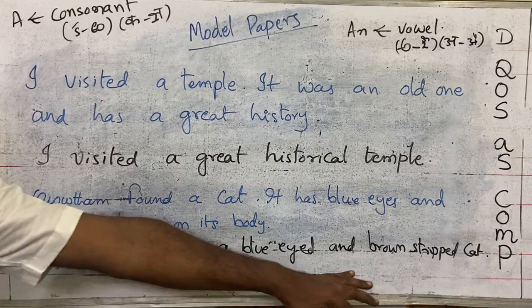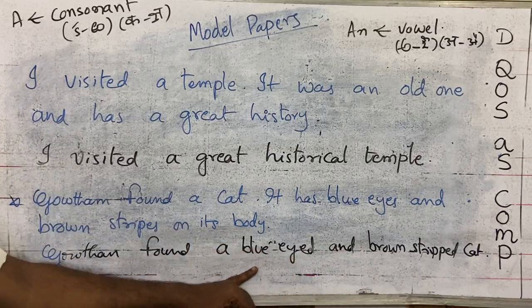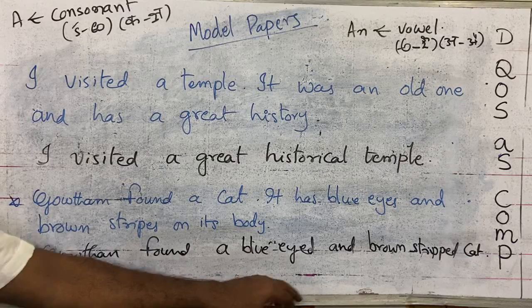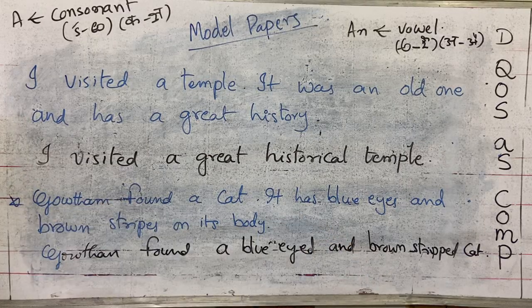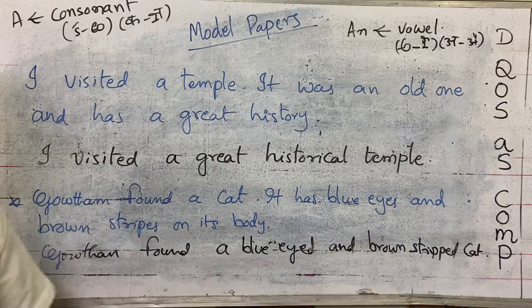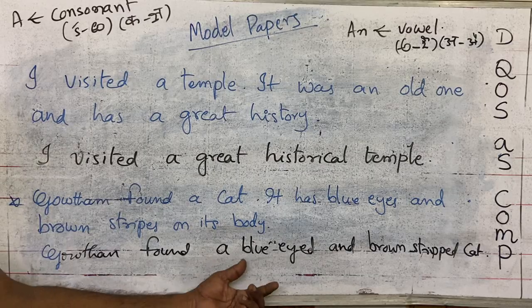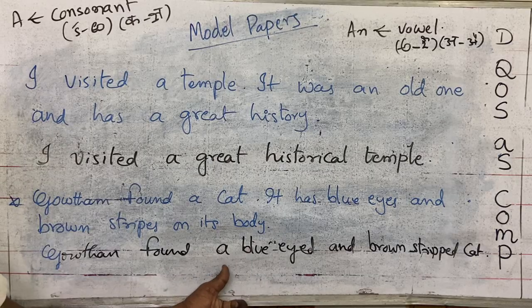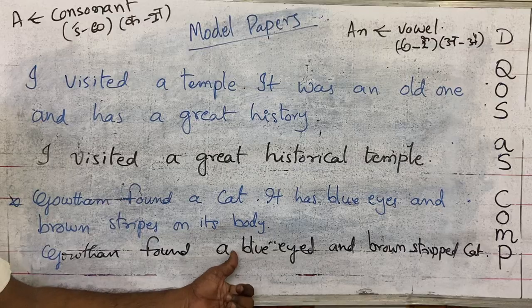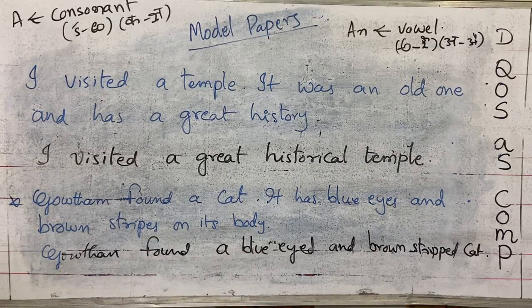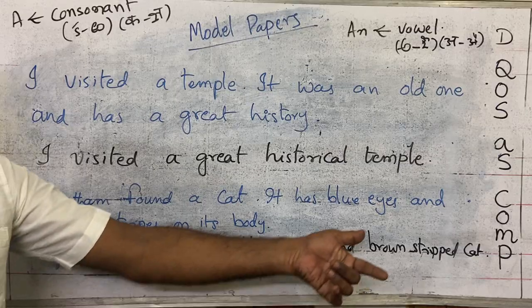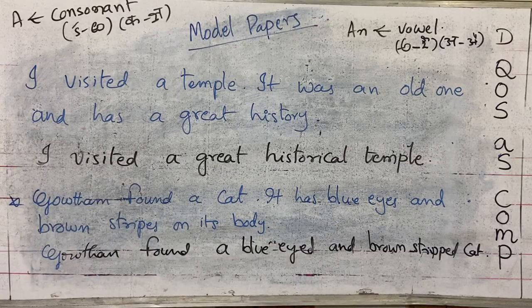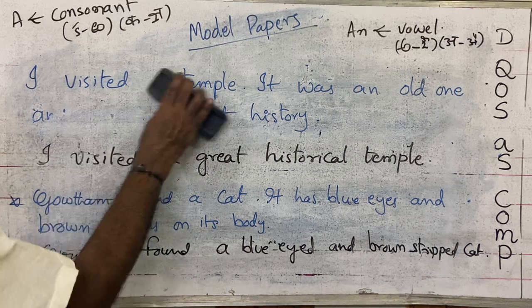What is described here is given before the cat. Both are described, blue-eyed and brown-striped. As it is the ba sound, here you are taking a. Gautam found a blue-eyed and brown-striped cat. This example is also given two times in the model papers.